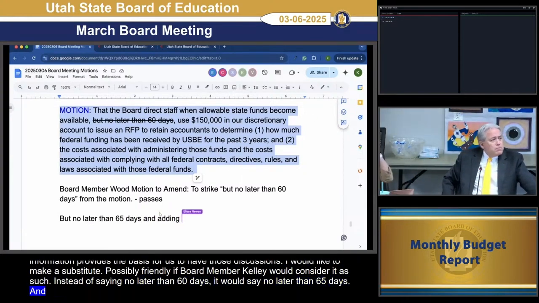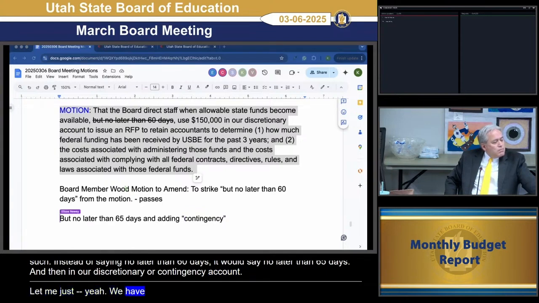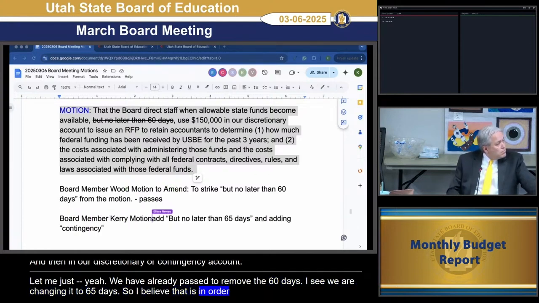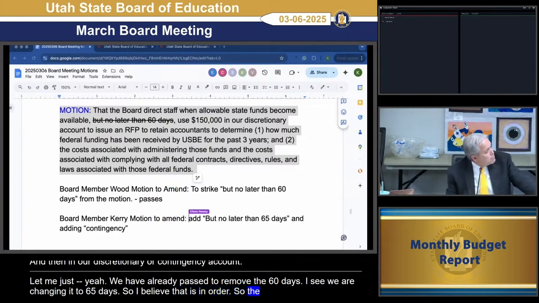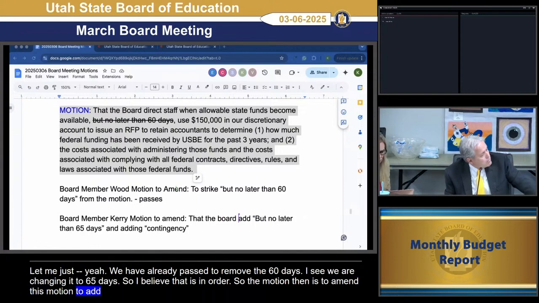So we've already passed to remove the 60 days. I see that we're changing it to 65 days. So I believe that's in order. And so the motion then is to amend this motion to add "but no later than 65 days," and adding contingency.